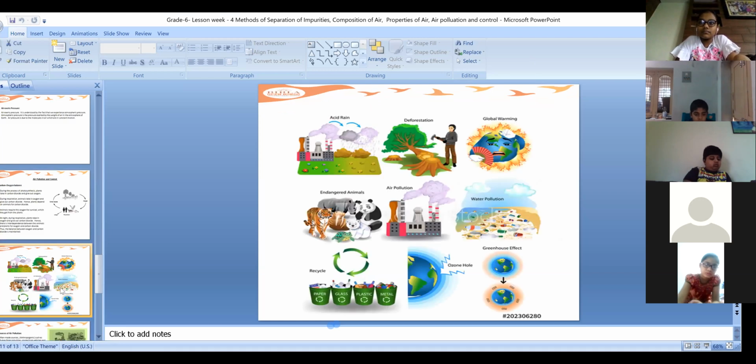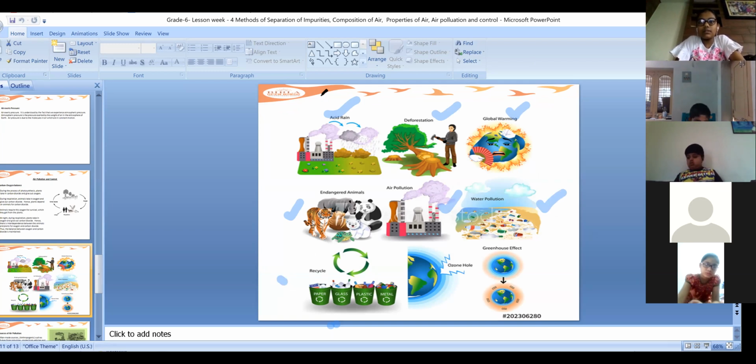So here, if we see, there are lots and lots of causes of pollution. Here you can see acid rain, deforestation, global warming, endangered animals, air pollution, water pollution, recycle, ozone hole.